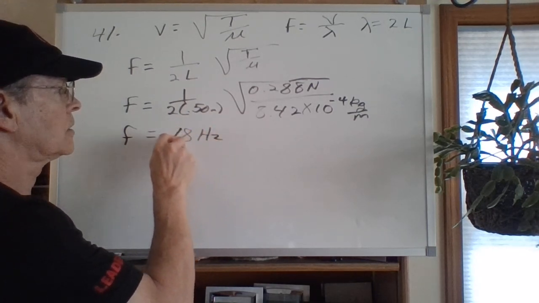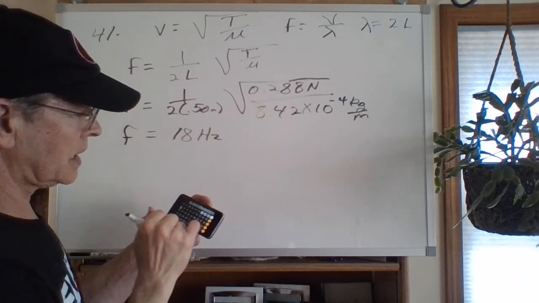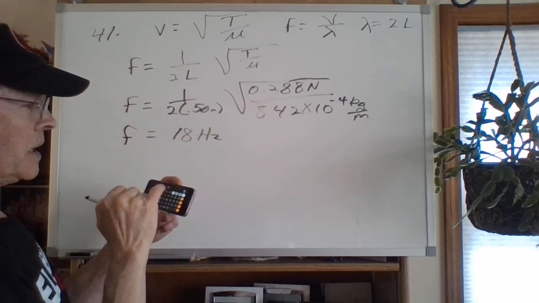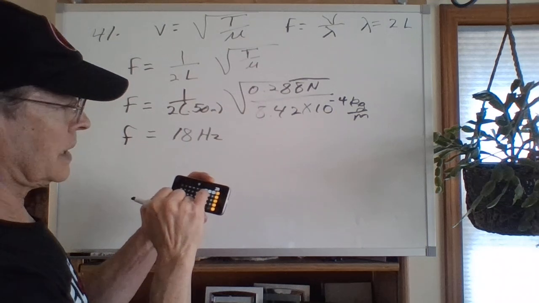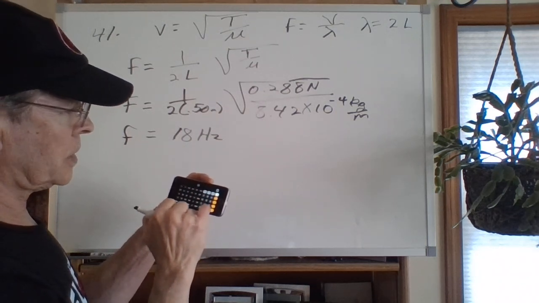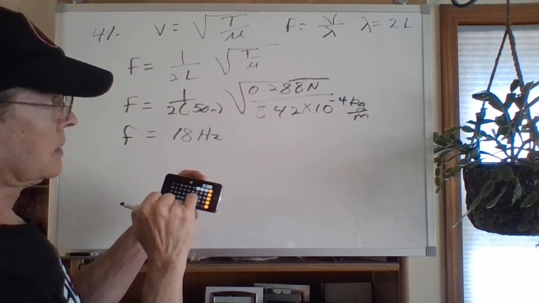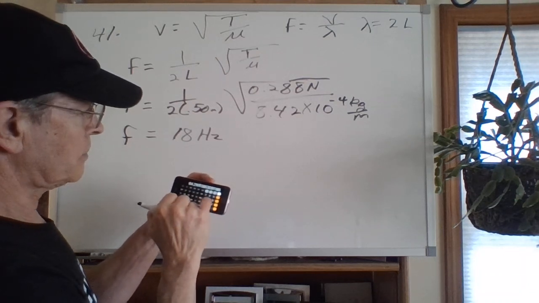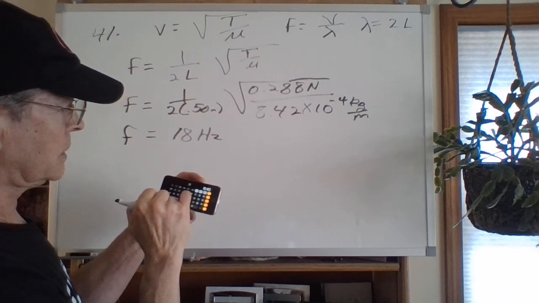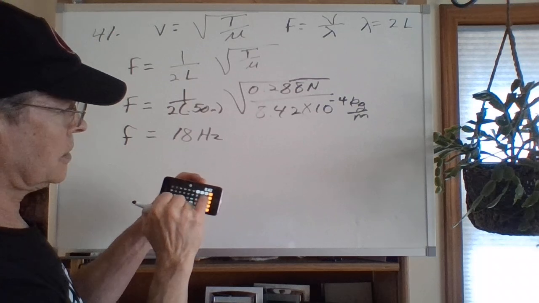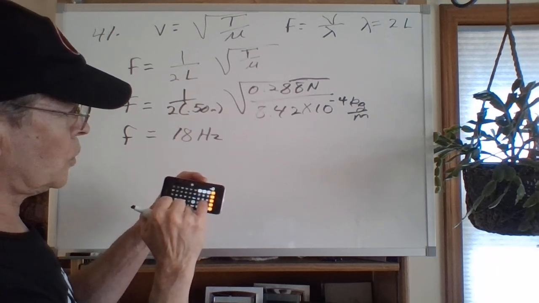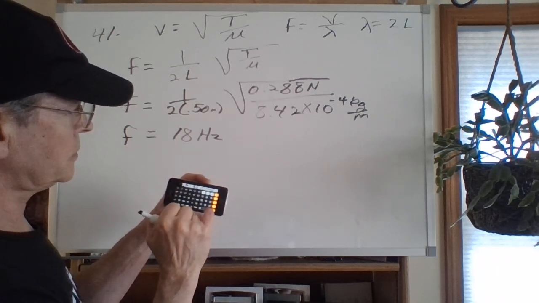Check me on that. It's 0.288 divided by 8.42, enter exponent negative 4, equals.